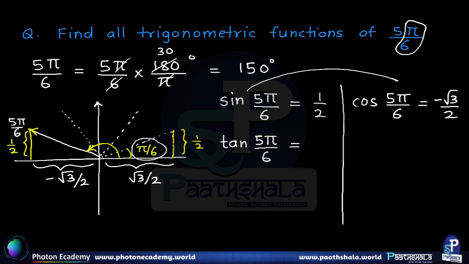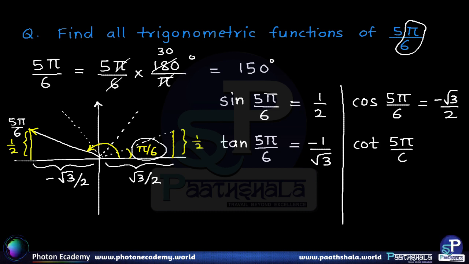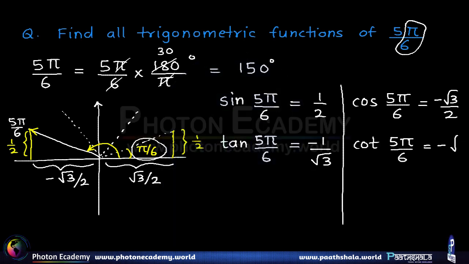So sine upon cos is tan, therefore on dividing we will get 1 upon minus root 3, so that we can write as minus 1 upon root 3. Cot is the reciprocal, so therefore cot of 5 pi by 6 is minus root 3. Then sec of 5 pi by 6 is the reciprocal of cos, so that is minus 2 upon root 3.